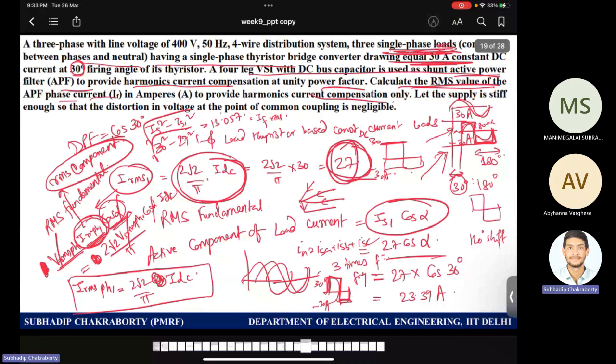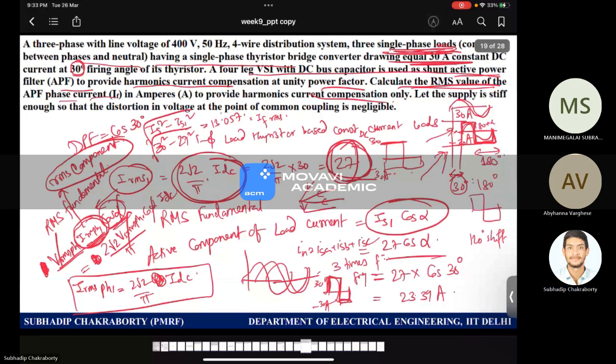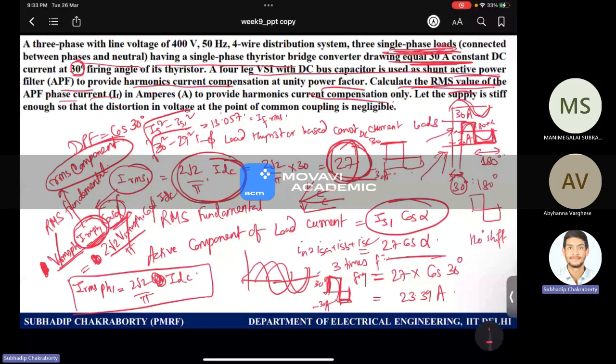Agreed? Plus V filter into I neutral per phase. All RMS. And divide by 1000 obviously if you write in KVA.